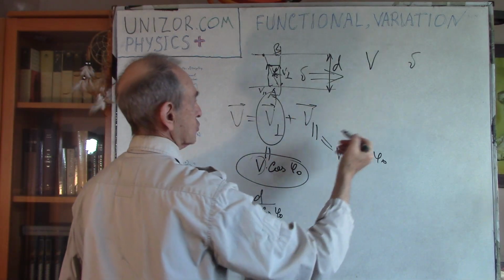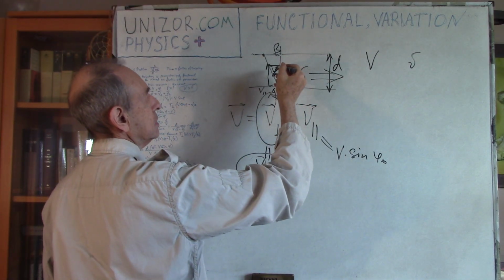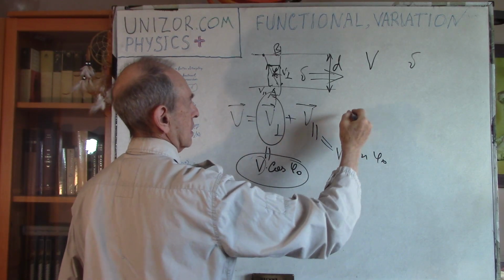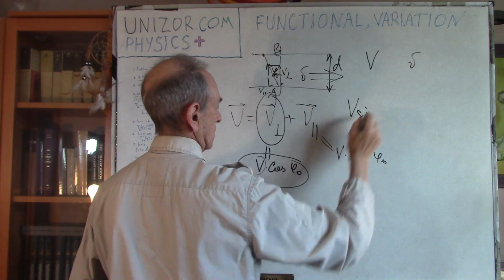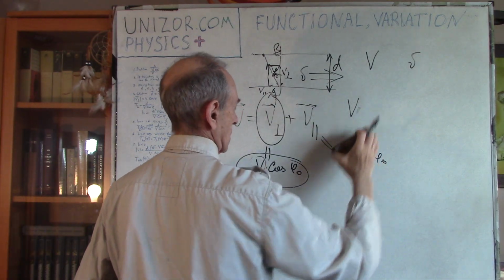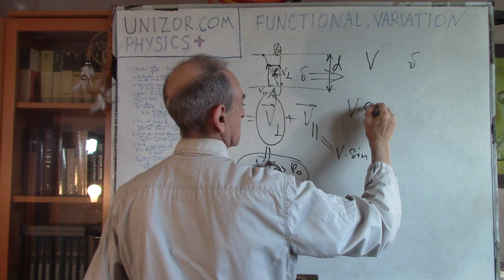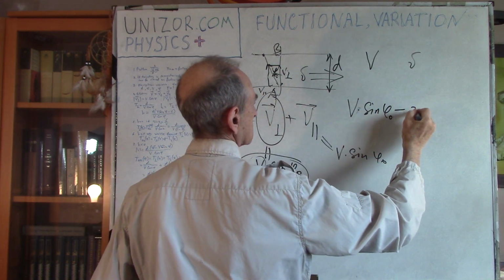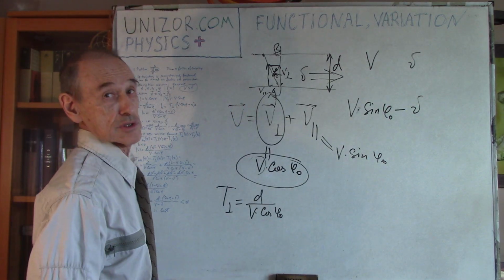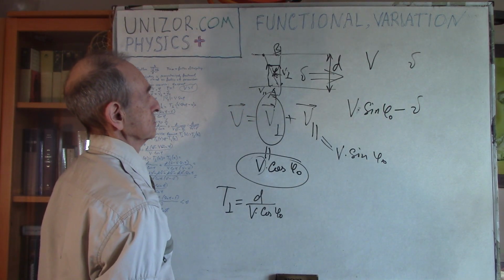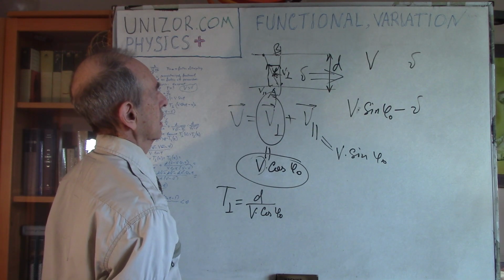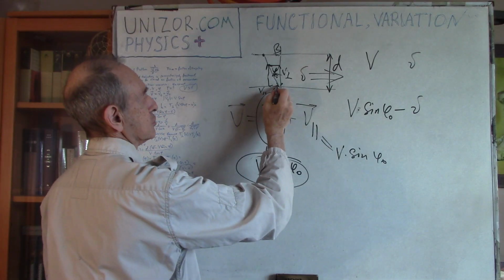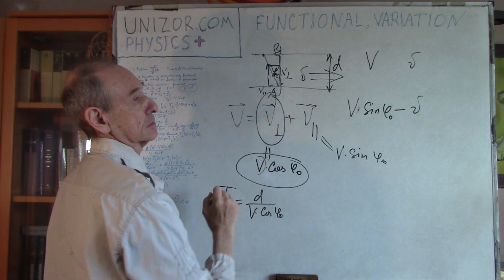So my actual speed would be v sine phi 0 minus lowercase v, that would be my real horizontal speed, right?